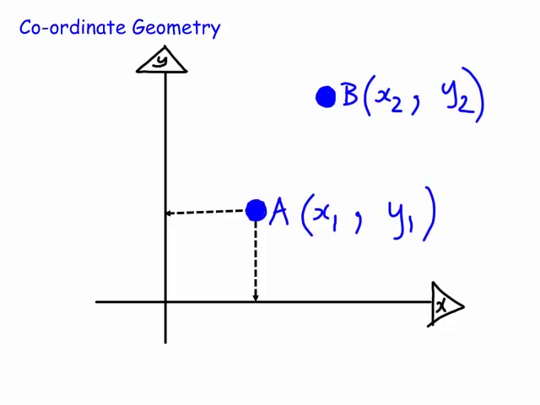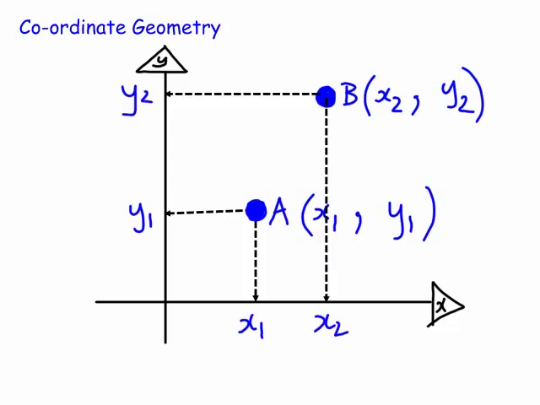So down here along the x-axis that would be x1, and this would be y1. Let's actually look at B now. These points now would be x2 and y2.